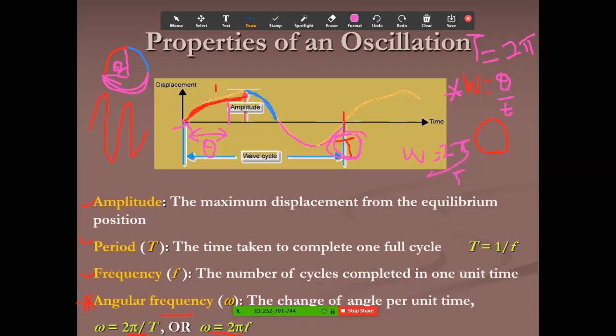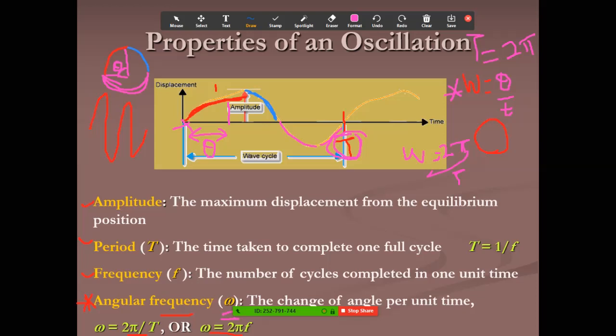So this is something new. Every oscillation has its own angular frequency. If the angular frequency is big, does it mean the oscillation period is longer or shorter? If angular frequency omega is small, it covers the angle very slowly.